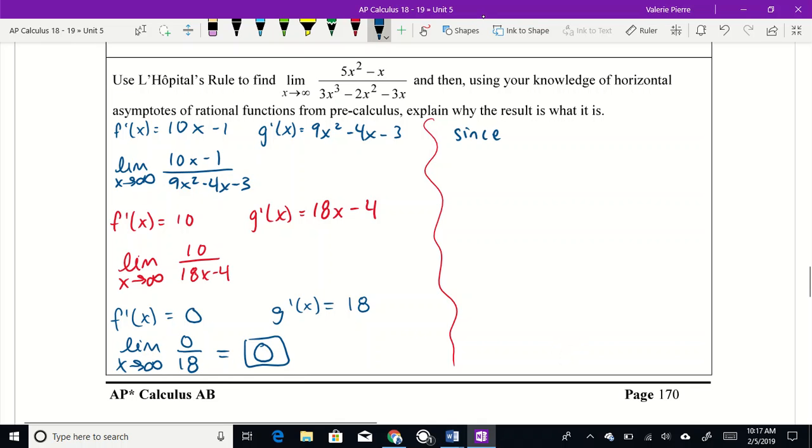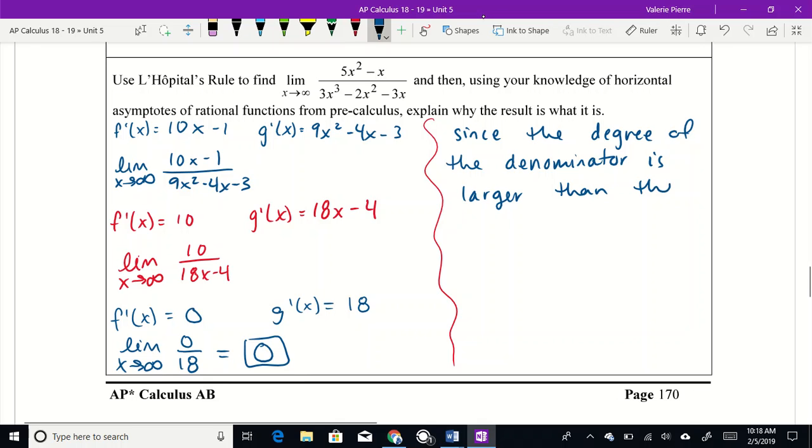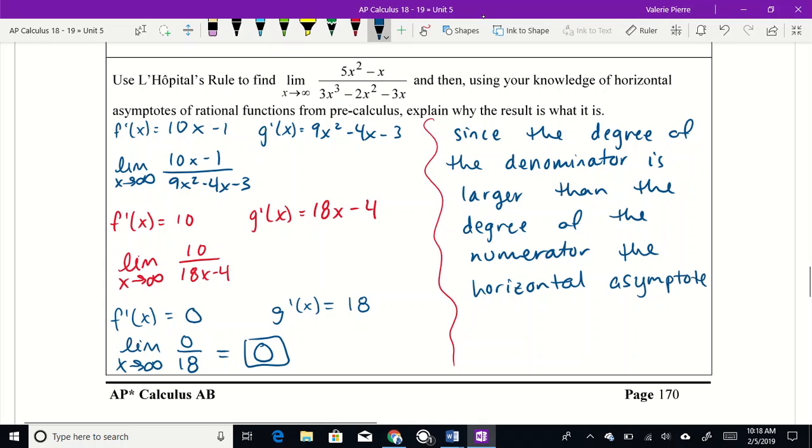So since the degree of the denominator is larger than the degree of the numerator, the horizontal asymptote will be equal to 0.